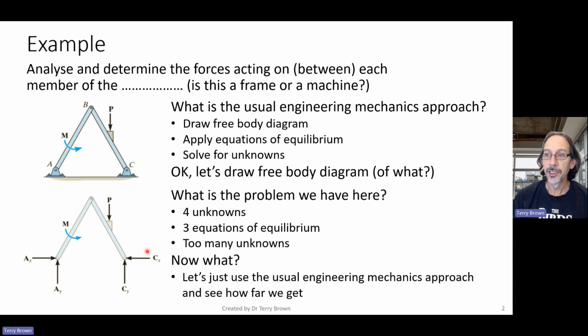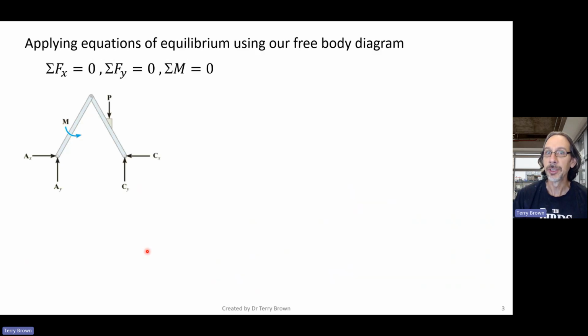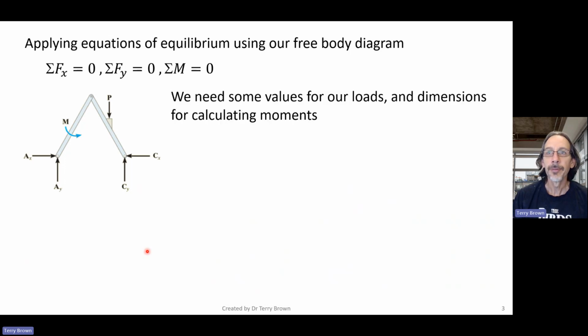First, let's continue to use the engineering mechanics approach and see how far we get. So let's now write some equations of equilibrium. I'll put them up there for you. In order to make this a specific problem, let's put some numbers and dimensions so that we can do the moment equation on our free body diagram.